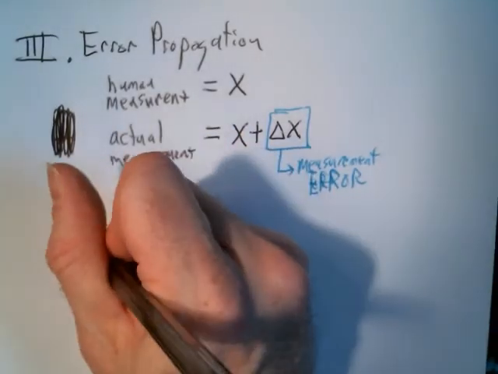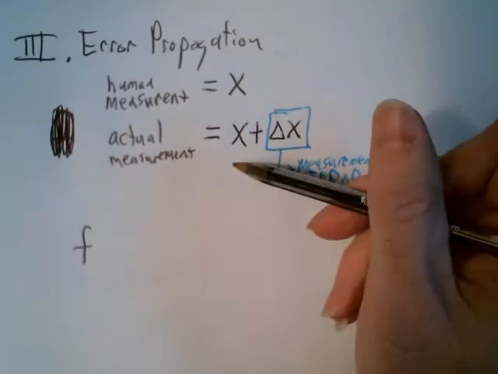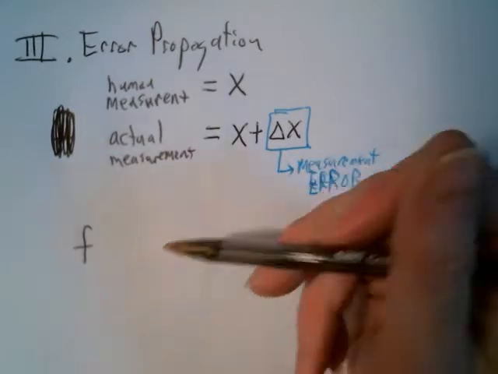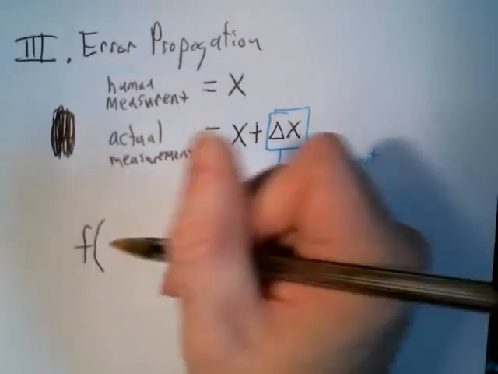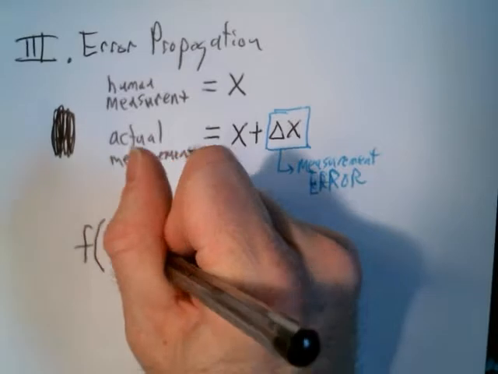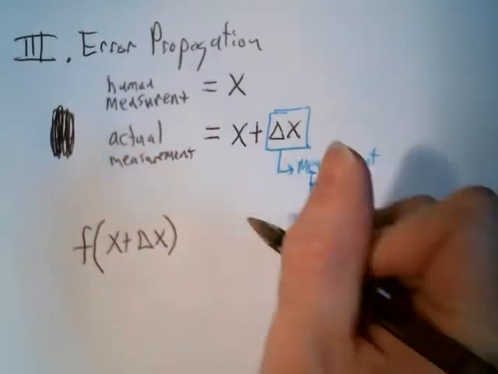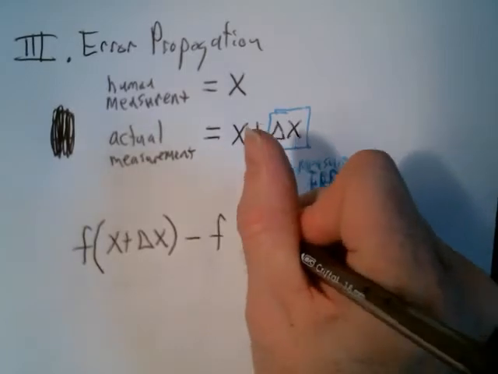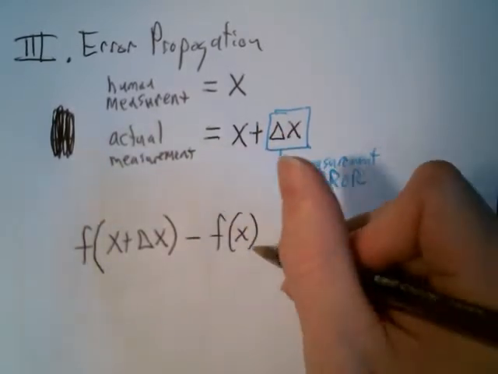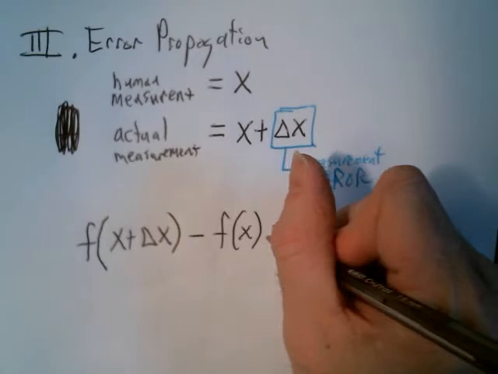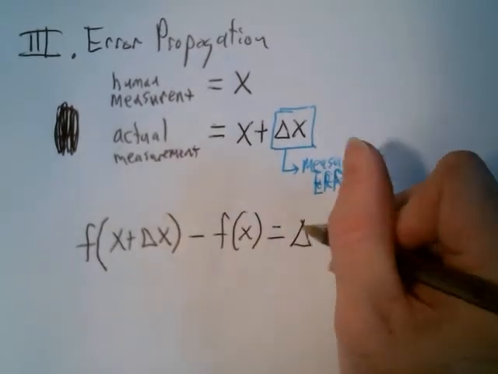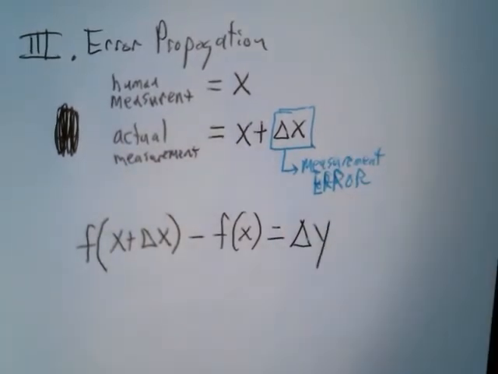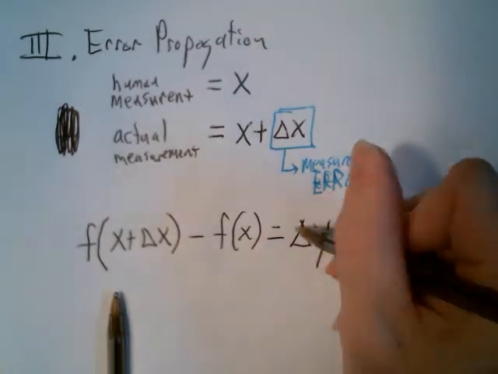In other words, if we had to take this measurement and put it into some sort of function, we'll say f of x plus change in x is where we really want to be at, but the human measurement, using that, we get f of x. This difference is going to be the propagated error, change in y. Okay? So then this is our propagated error.